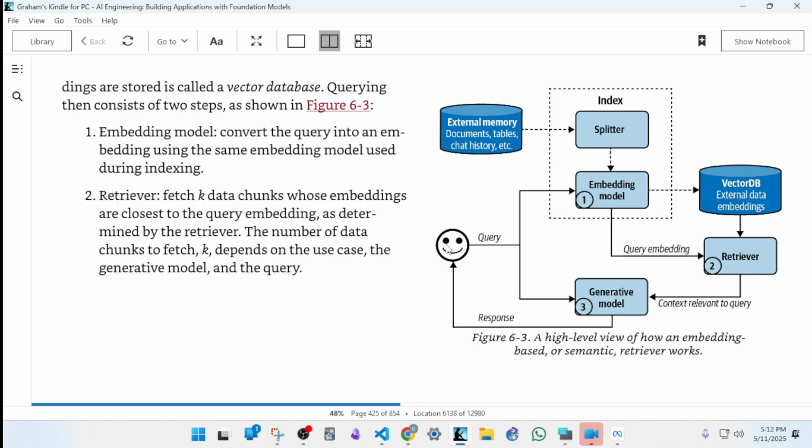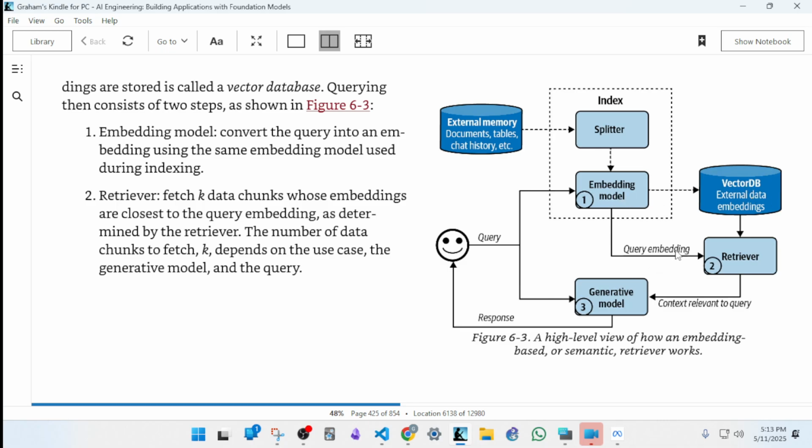So we've got the query here, it sends it out, and you can go to a generative model or an embedding model. Embedding model has number one, so I guess it goes here first. This is part of an index with a splitter, so external memory, documents, tables, chat history, etc. can go into the index and the splitter. Then the embedding model goes out to the vector DB, external data embeddings.